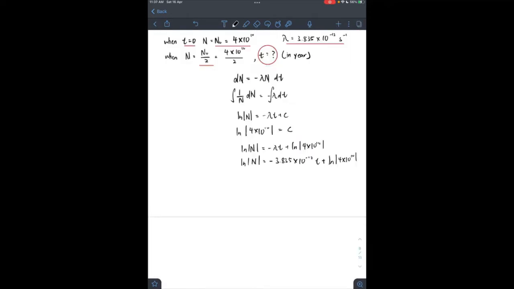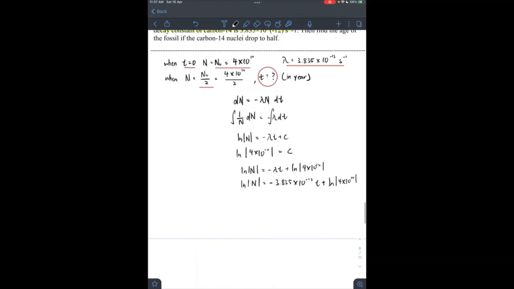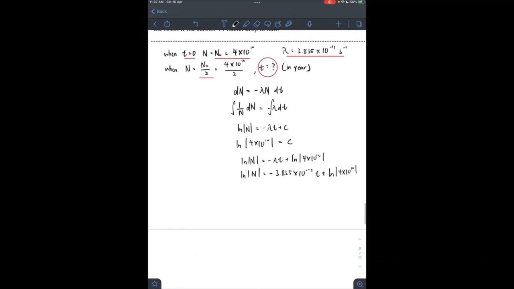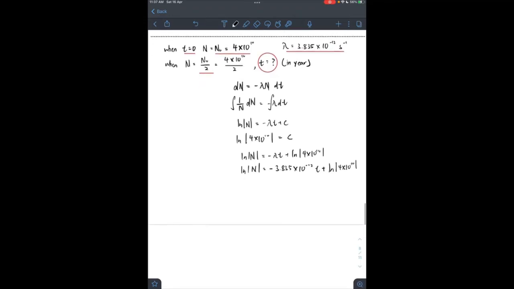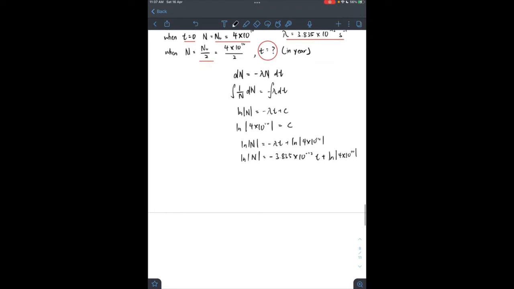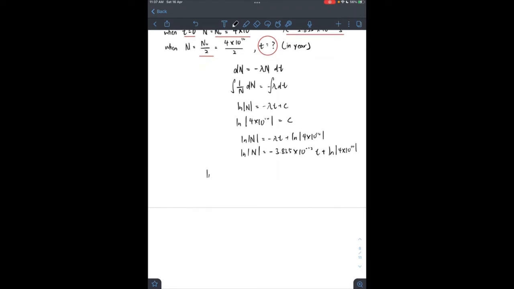So from the question given, when N becomes half of the original, we can write like this: N naught over 2, and then t plus this.